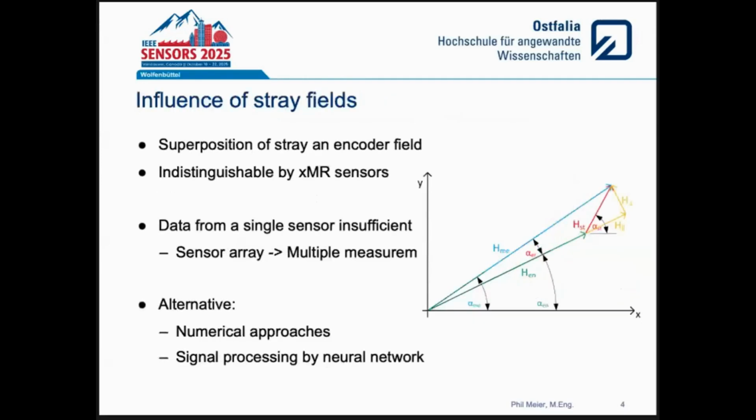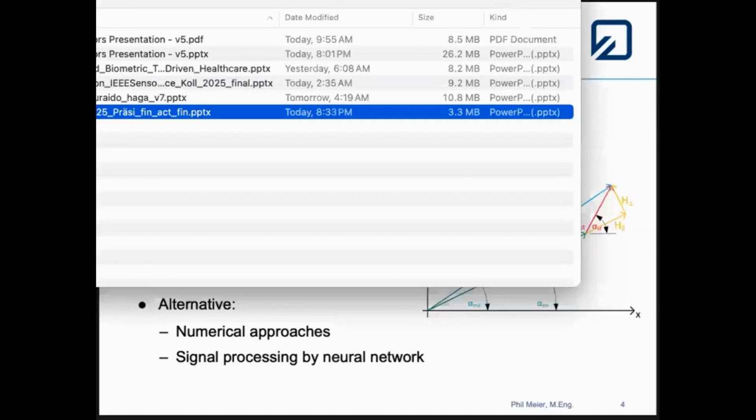This is shown here. As you can see, we have one encoder field, shown in this direction. And if there's a stray field, which can be in any arbitrary direction and at any strength, the sensor only sees the resulting magnetic field and is unable to distinguish: is there a distortion, is there no distortion, and what am I measuring.